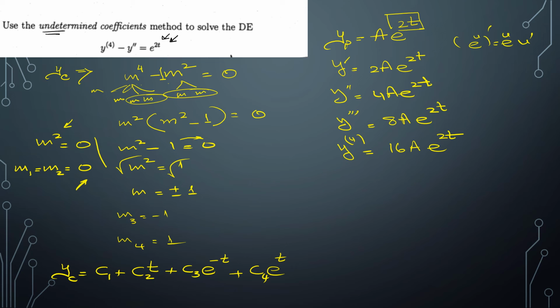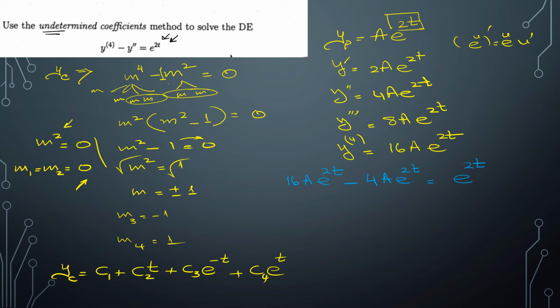Now write it in your main equation. So y with the 4th degree, you will write here 16a e to the power of 2t, then minus y double prime, that is 4a e to the power of 2t, equals e to the power of 2t.